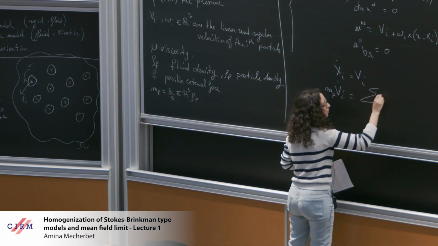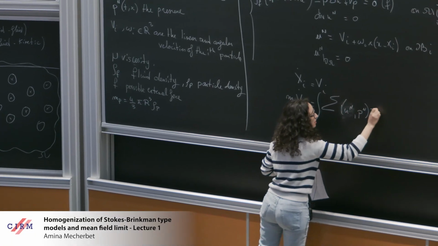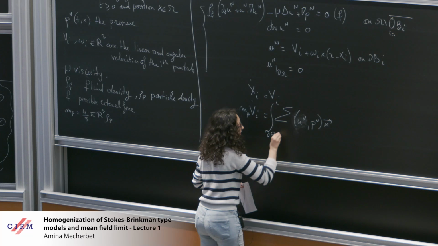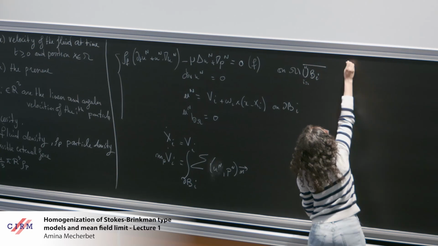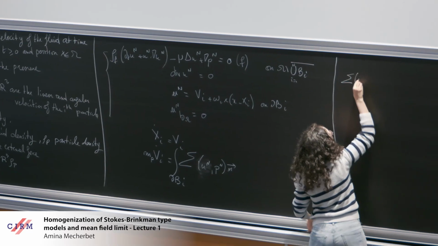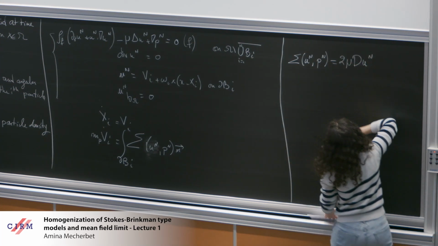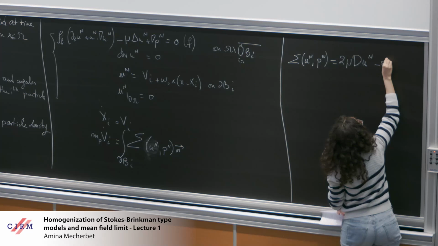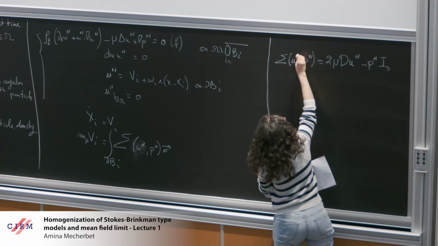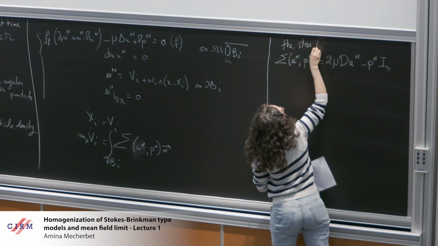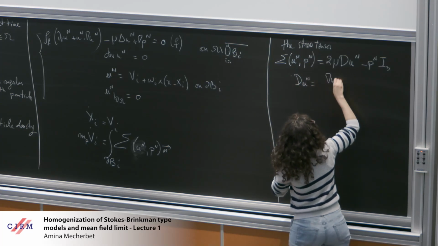We have first the drag force applied by the fluid on the particles, which I will define here. So sigma is the Cauchy stress tensor. It's twice the viscosity times the symmetric gradient of the velocity minus the pressure times the identity matrix in 3 dimensions. So this is the stress tensor, and Du is the symmetric gradient.